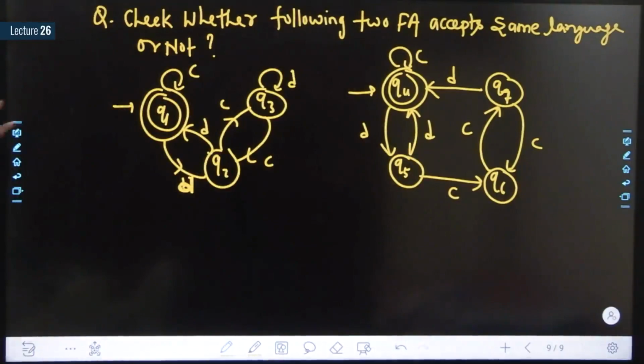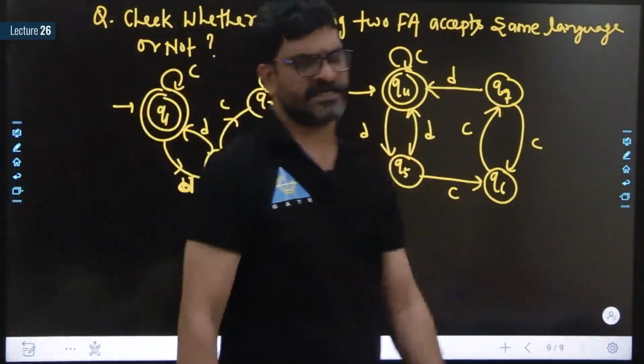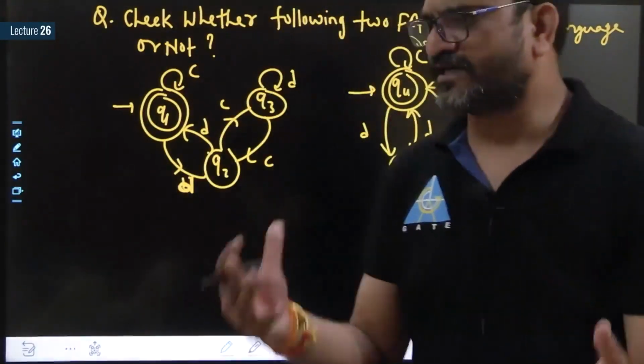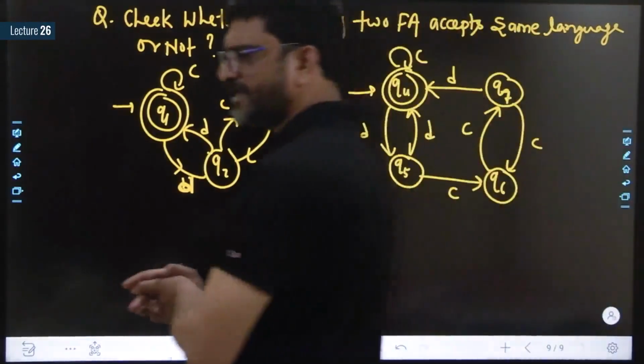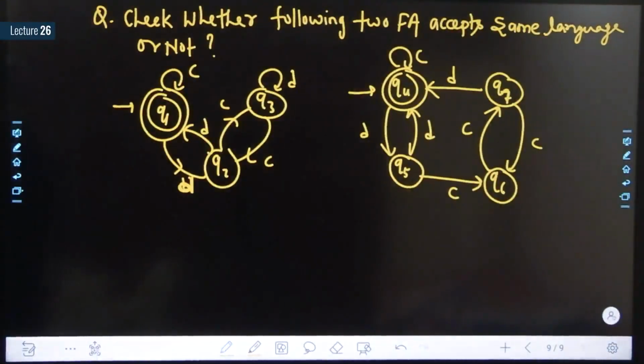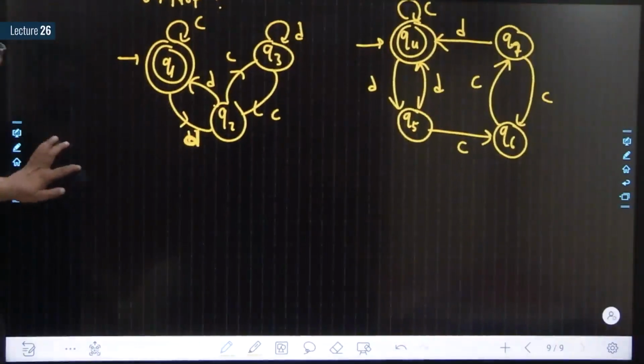One method is this: minimize these two finite automata. If they are the same, it means they accept the same language. Otherwise, use the comparison method. Okay. See the comparison method.